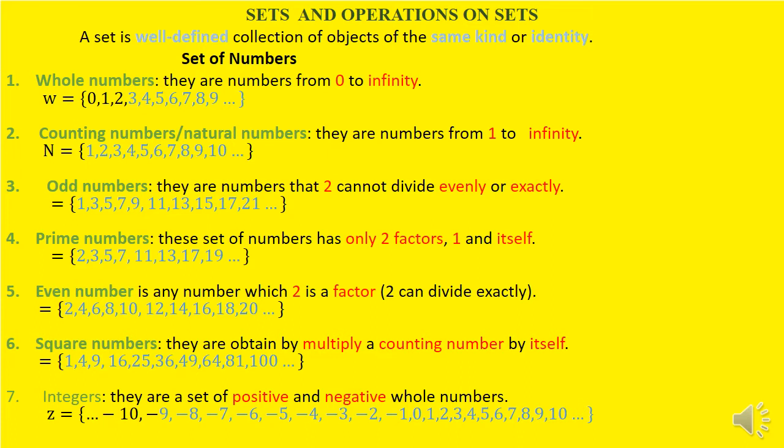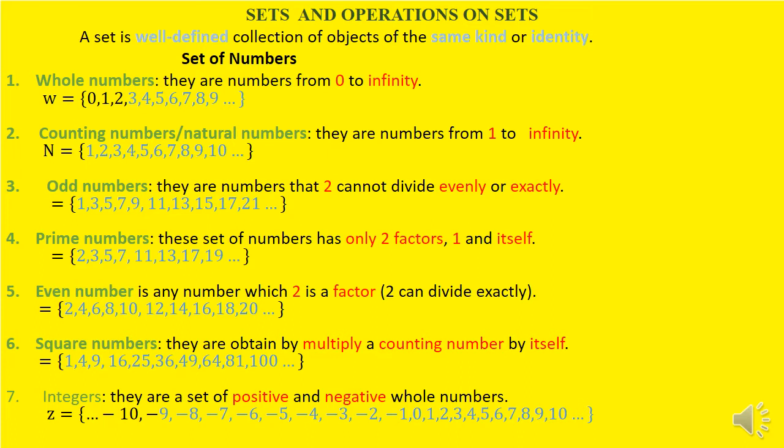Now we have sets of numbers, and sometimes they are called special sets of numbers. 1. Whole numbers. These are numbers from 0 to infinity.